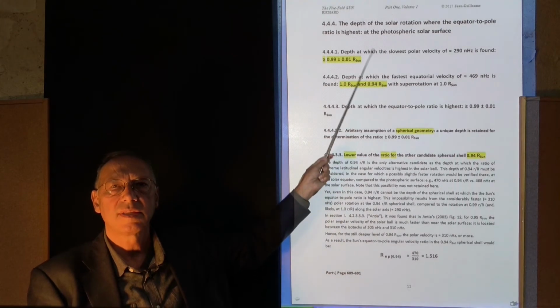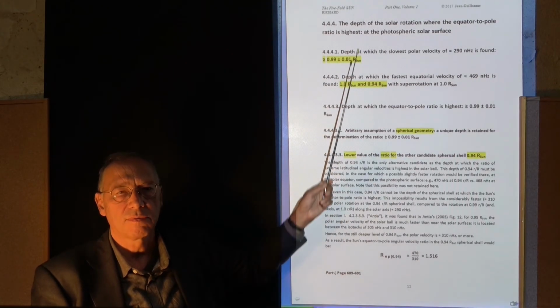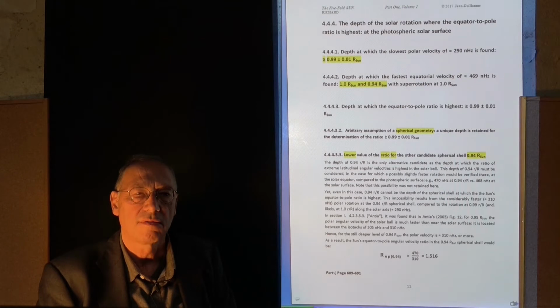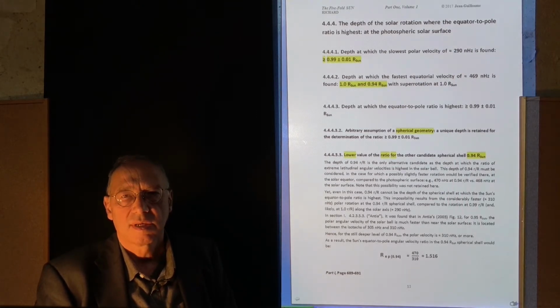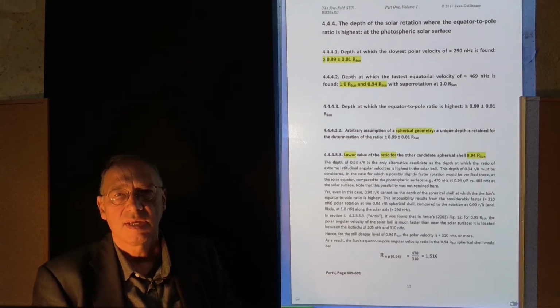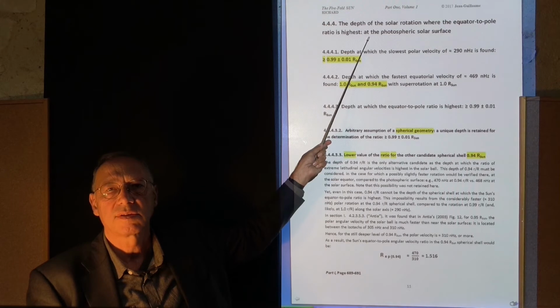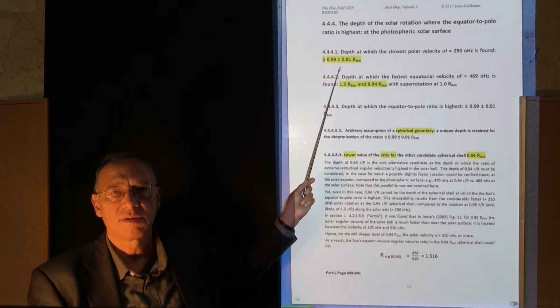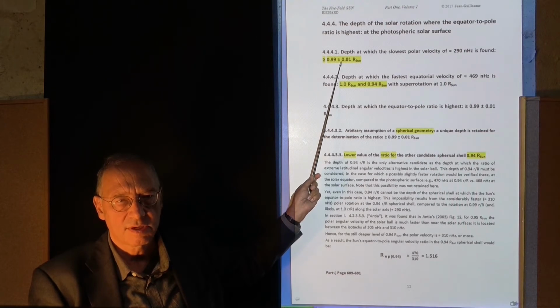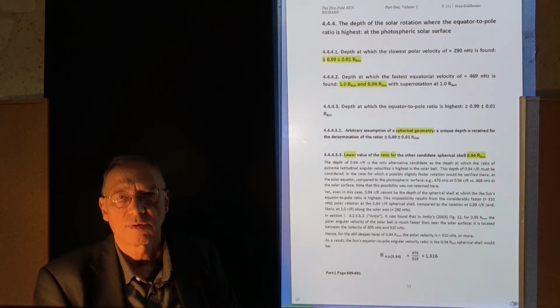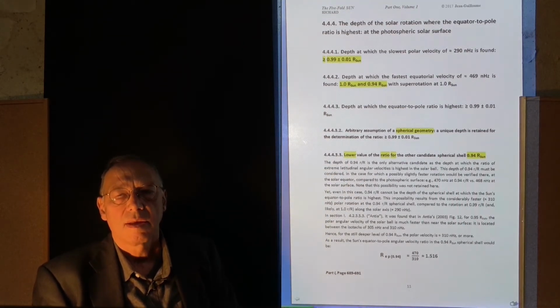Now, where is the depth of the solar rotation where this ratio of about 1.617 is observed between the extreme angular velocities? It is near the surface, at or very near the surface, at a depth of 0.99 radius fraction plus or minus 0.01.